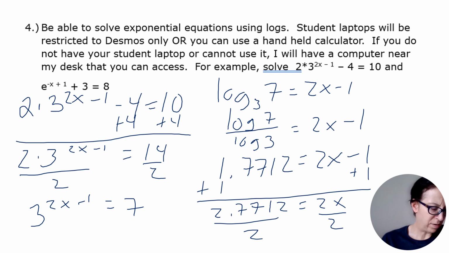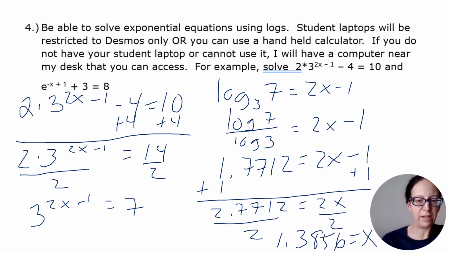And then I would like to divide this whole thing by 2 and get 1.3856 is equal to x. So pause the video here if you need to copy that down, okay?